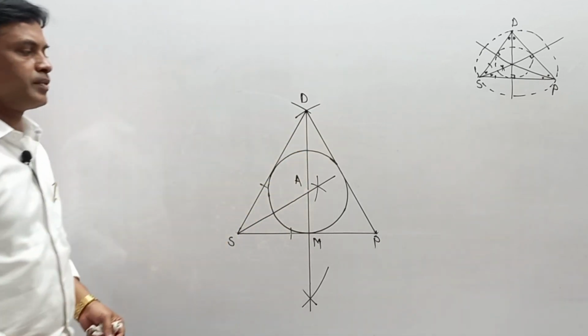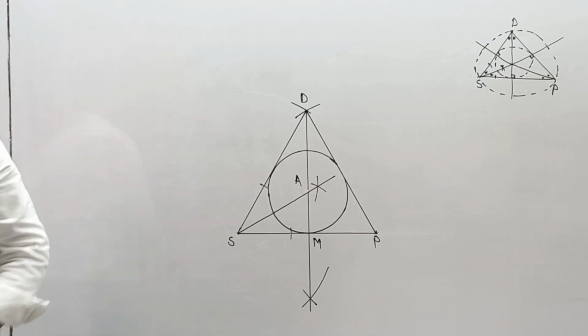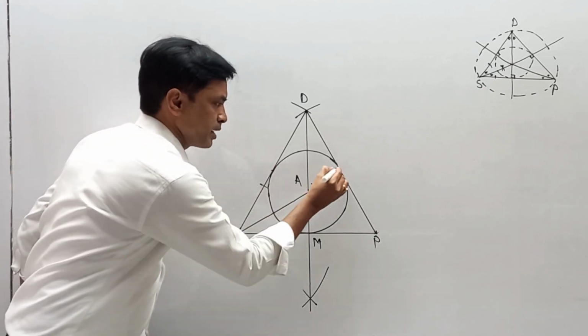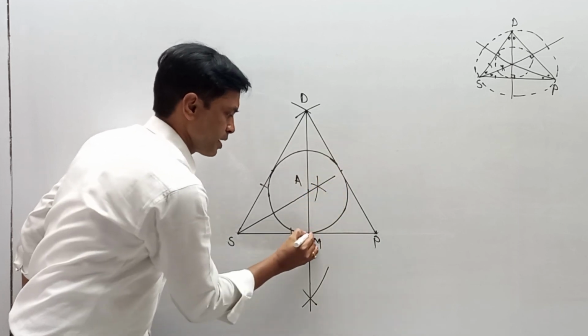And this is nothing but the first part, that is the incircle over here. Now here it touches the first side as well as the second side as well as the third side.